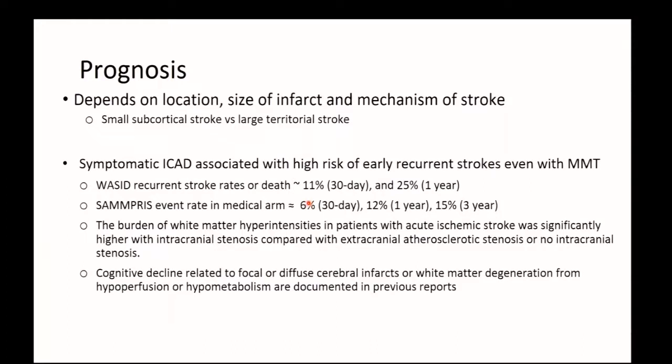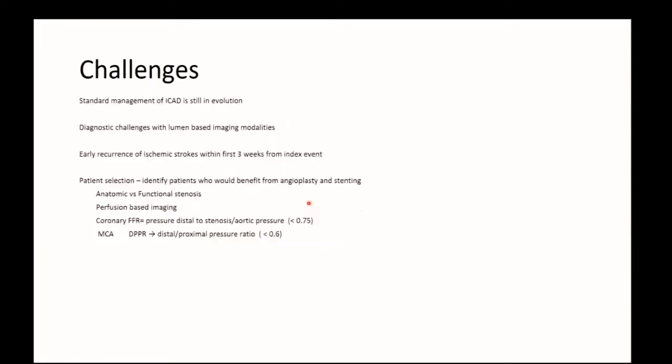You get a patient with ICAD, and while they are in the hospital, they will have another stroke. So 6% is very high, even with the standard management that we have now with the dual antiplatelets and vascular risk factor control. And then diagnostic challenges, like what I talked about, that we don't have studies dedicated to the vessel wall.